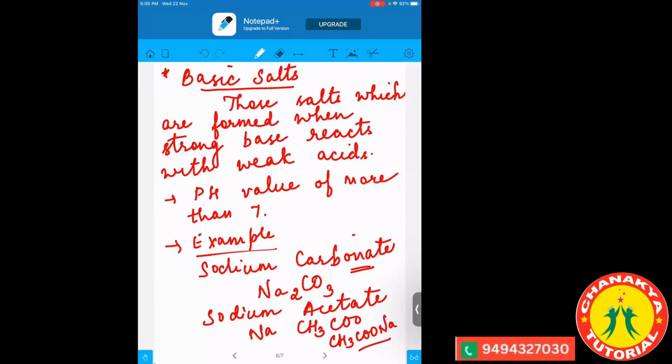Because we have already said that whatever salts are there, the first part will always be the base. So according to the base rule, NaCH3COO is correct, but O cannot be present at the last because the bond will not be completed.